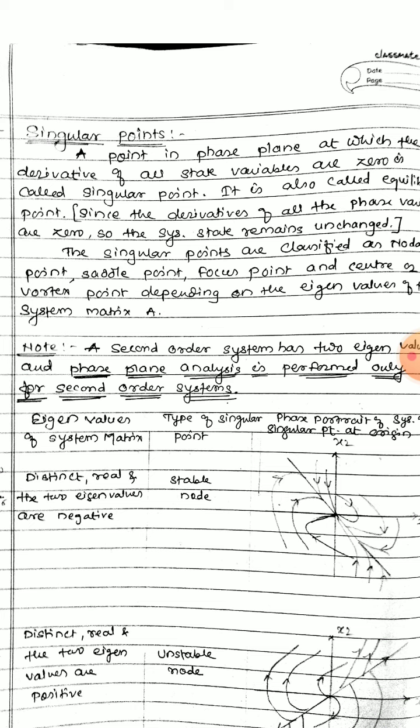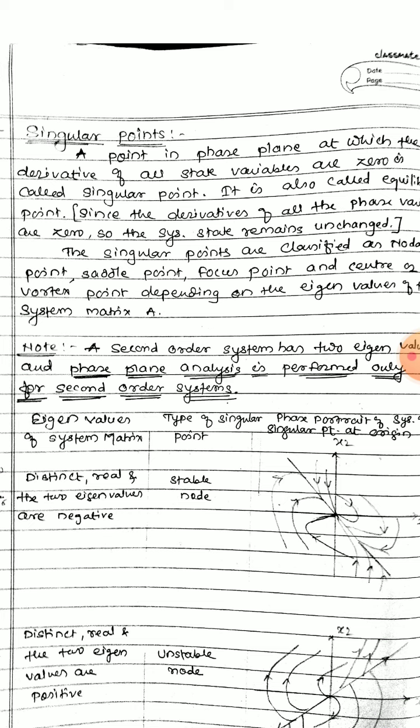The singular points are classified as nodal point, saddle point, focus point and center or vortex point depending on the eigenvalues of the system matrix A. So we know that what is meant by the eigenvalues. So if we see the characteristic equation, that is the differential equation that is representing the dynamics of the system, the factors of that characteristic equation are nothing but the poles.